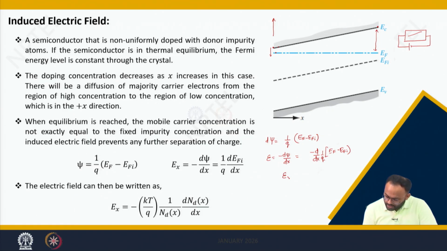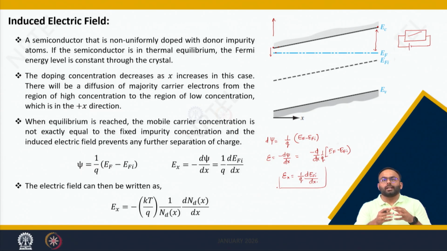So the electric field in the x direction is nothing but 1/q dEFI/dx. In a simple sense, the gradient of the intrinsic Fermi level, or the gradient of EC and EV, gives you the electric field in the semiconductor.